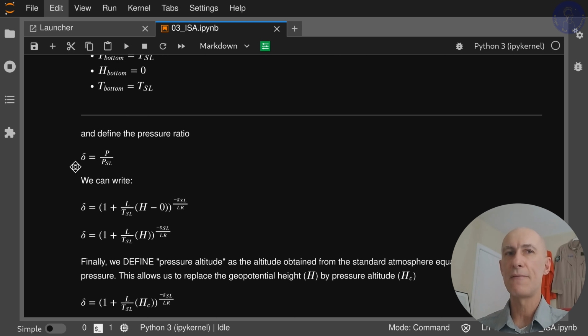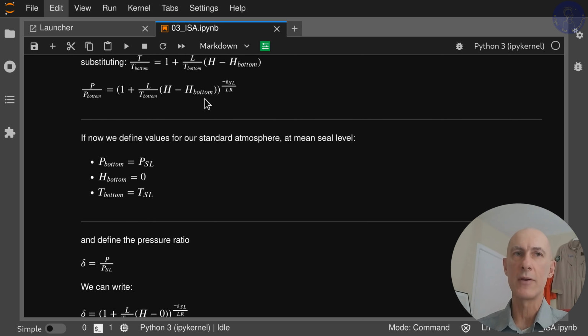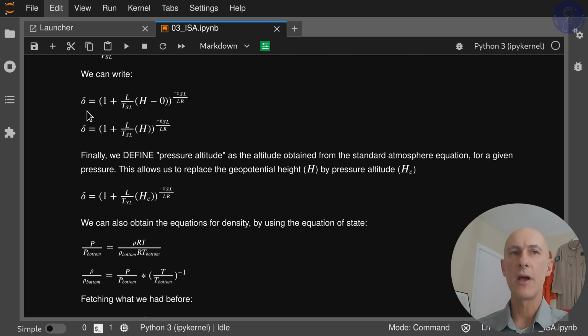We also can define a pressure ratio delta equals P over P at sea level. And we can write the previous equation, this one, with this new definition of delta. So it's going to be delta equals something. Delta equals this much. We already know that h bottom is 0, so we can further simplify delta equals this equation.